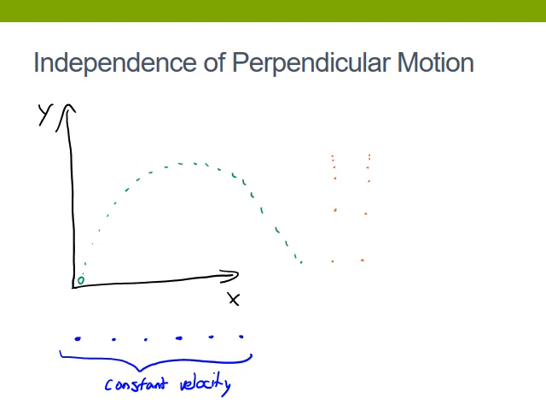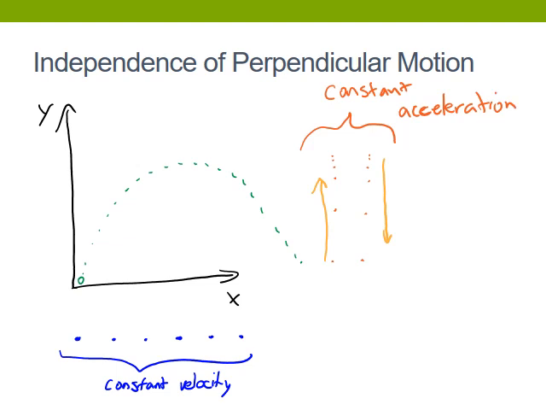So this is my upward motion, and this is my downward motion as the ball flies up and down and falls down. And this you should recognize by now, hopefully, as constant acceleration. That's a constant acceleration motion diagram.